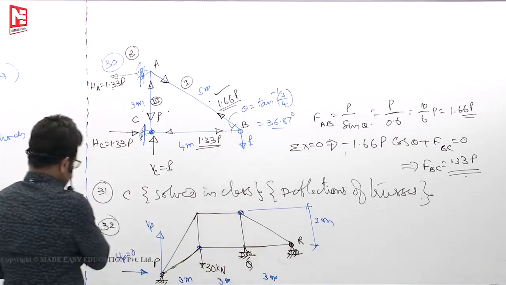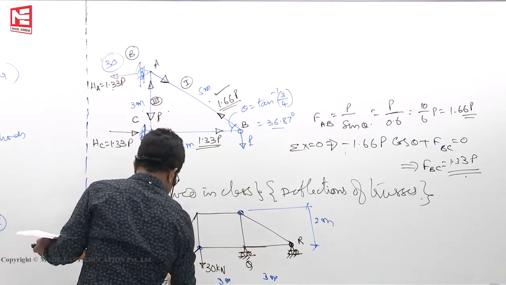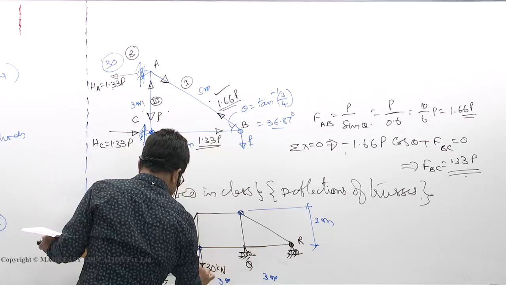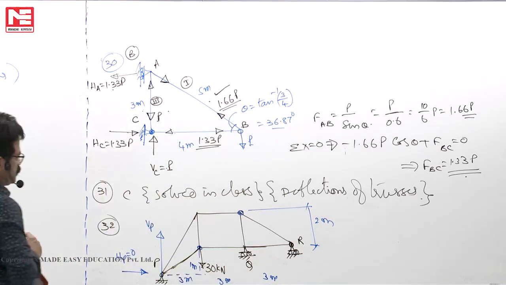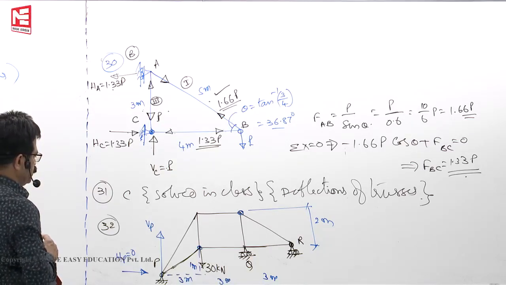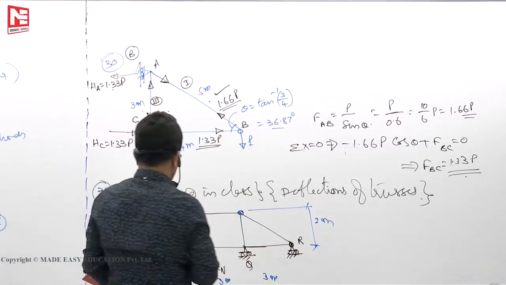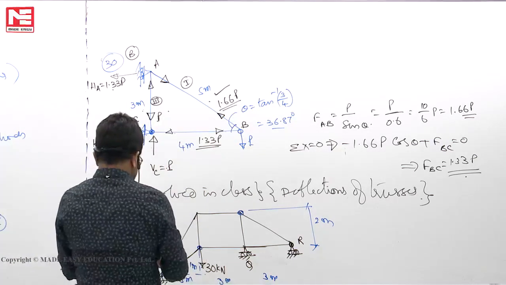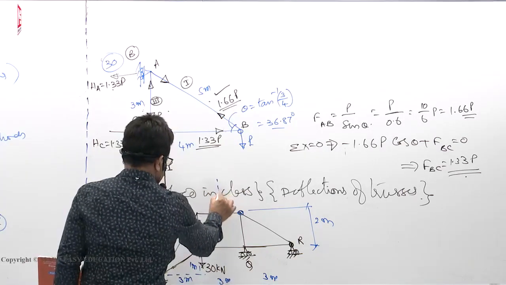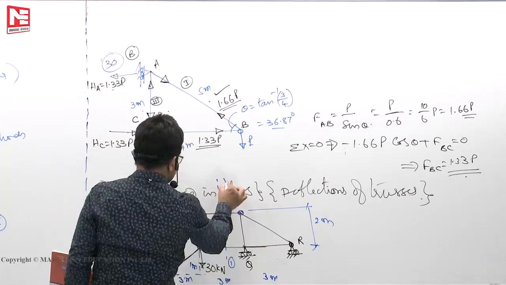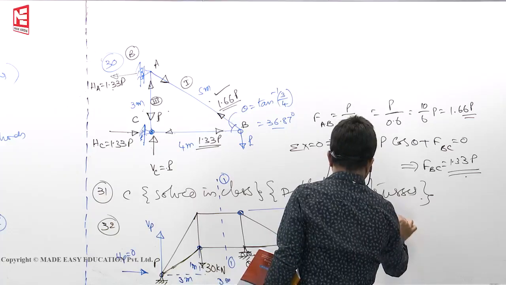If this height is 2 meters, 3 meters, this height is 1 meter. From here to here, this height is 1 meter. So, if I take moments of all forces, there are 3 vertical reactions as unknowns. We will take a cut like this, cut it by 1, 1.